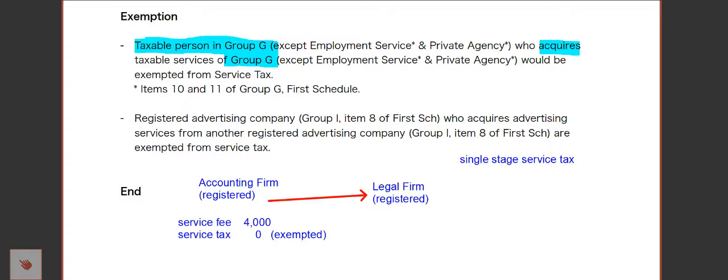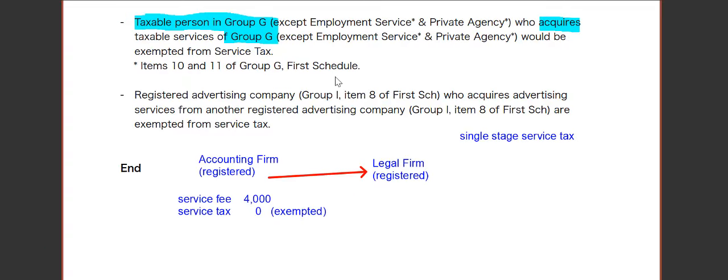The rest are all given exemption. Now, the same exemption also apply for advertising company, which fall under group I. If they acquire another advertising service of another registered advertising company, it will be also exempted with the same principle.